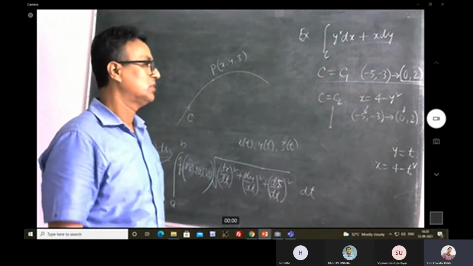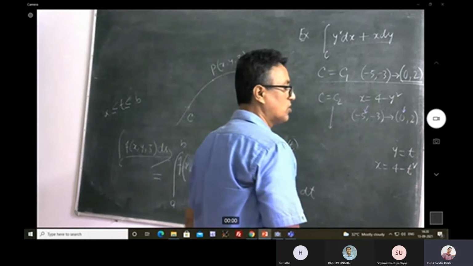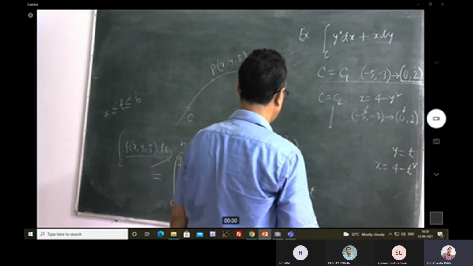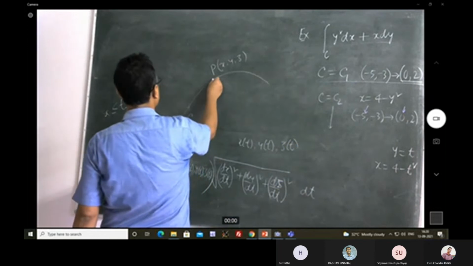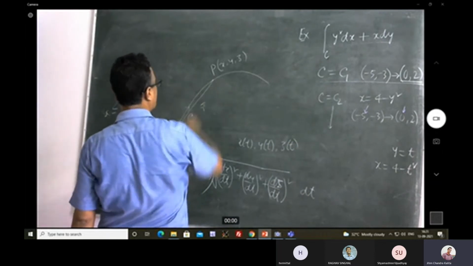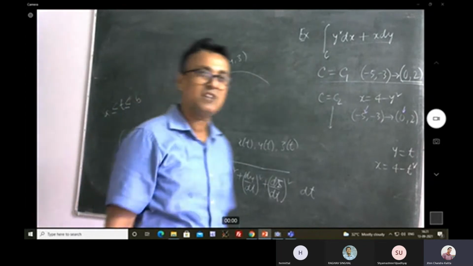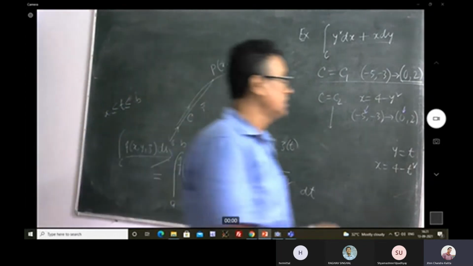Fine. So now let us work out. The point P, we are going to consider the vector joining the origin to the point as R, and R is going to be simply x i plus y j plus z k.